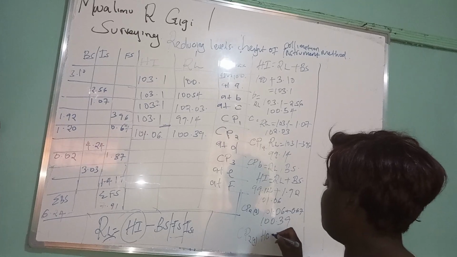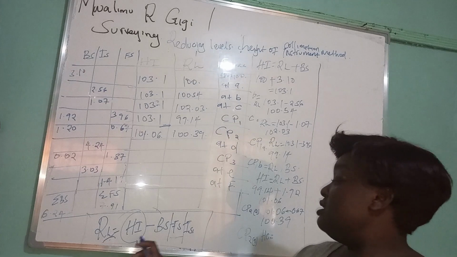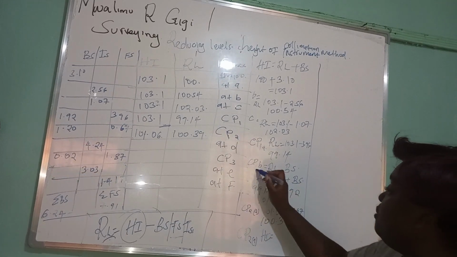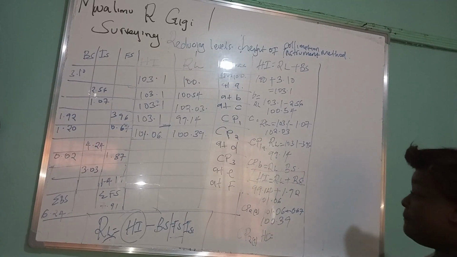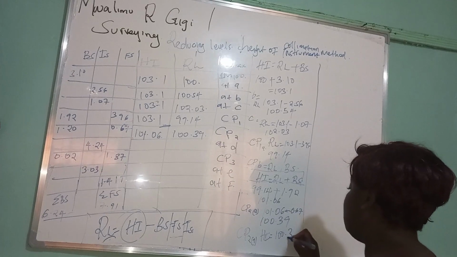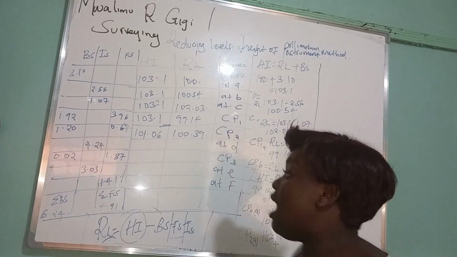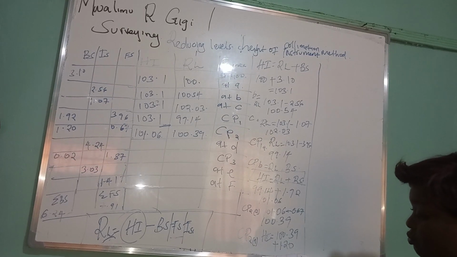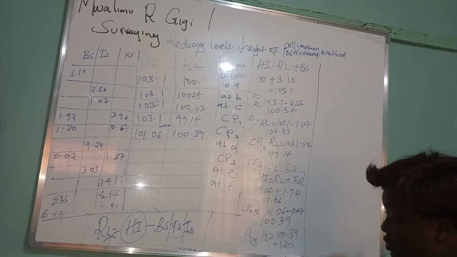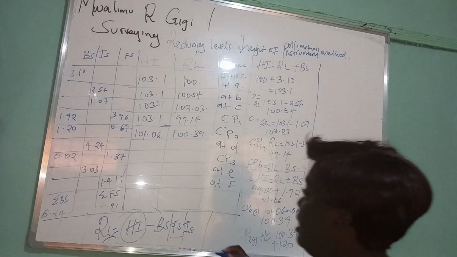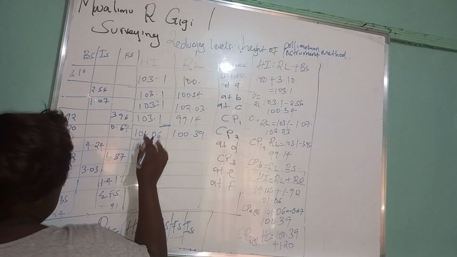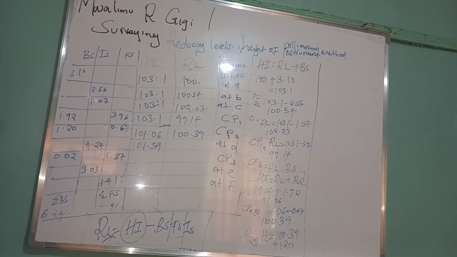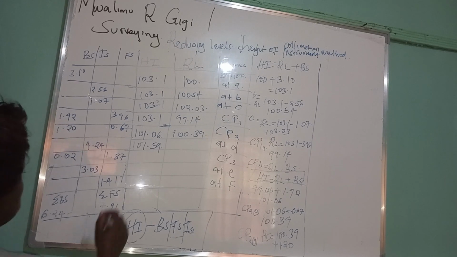To get the height of collimation, we say that it is reduced level plus backsight. So the reduced level is 100.39 plus backsight, which is 1.20, which is 101.59. So our height of instrument is 101.59.